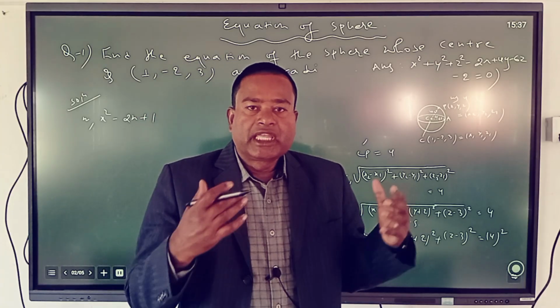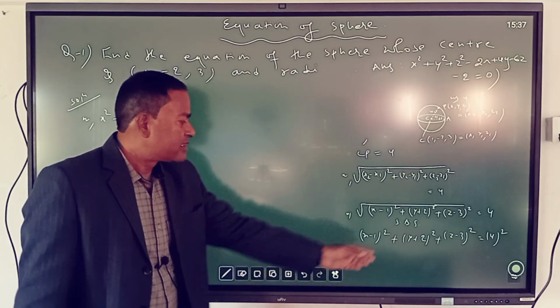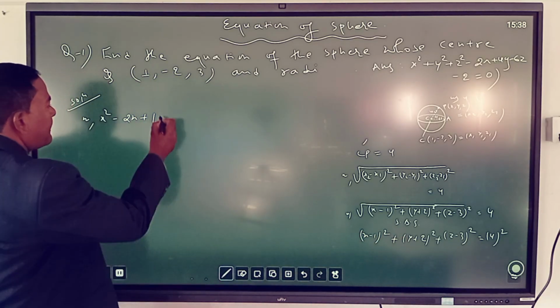We know a plus b whole square is equal to a square plus 2ab plus b square. So let's expand by using the formula of a plus b whole square.